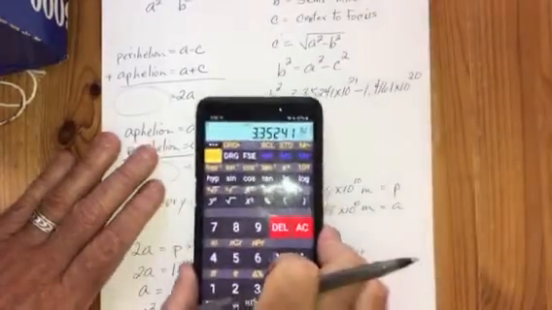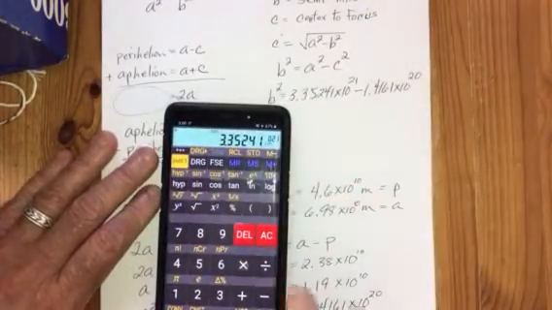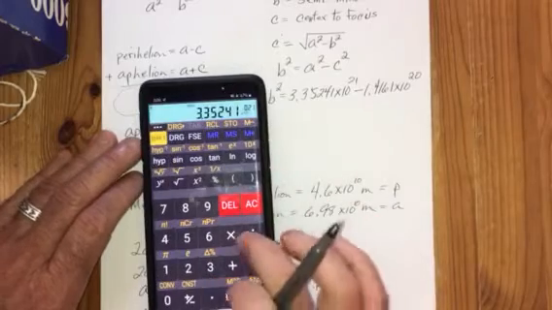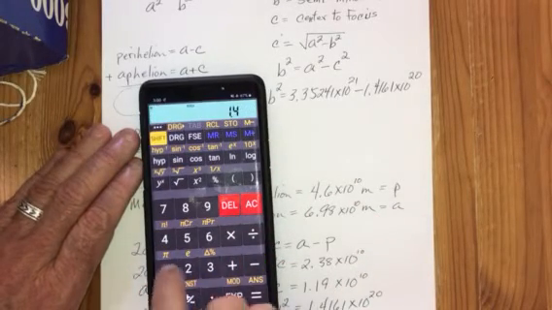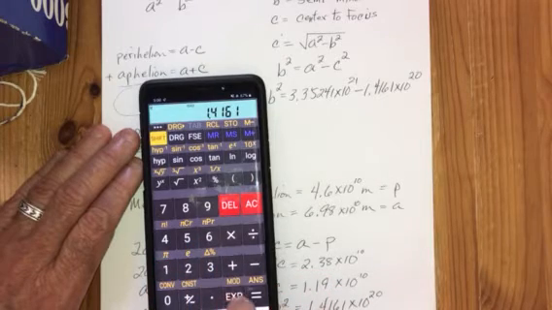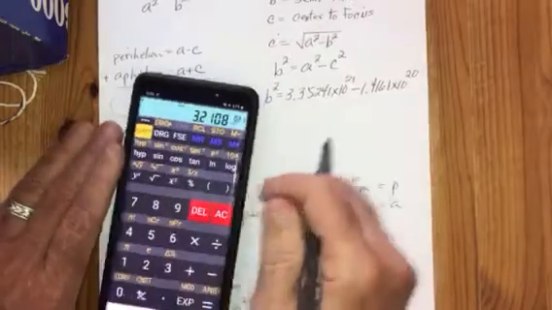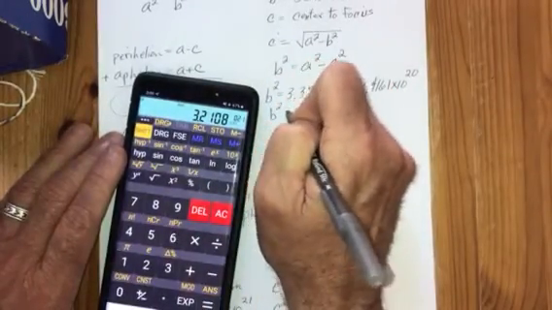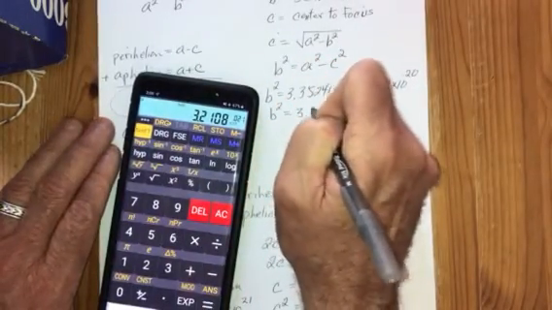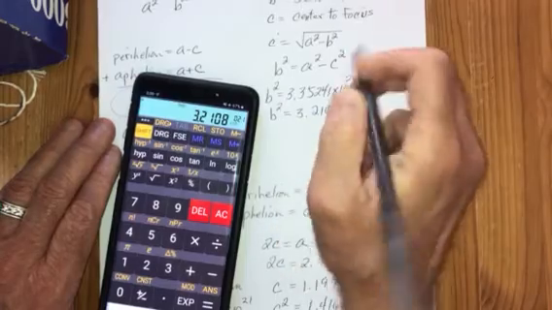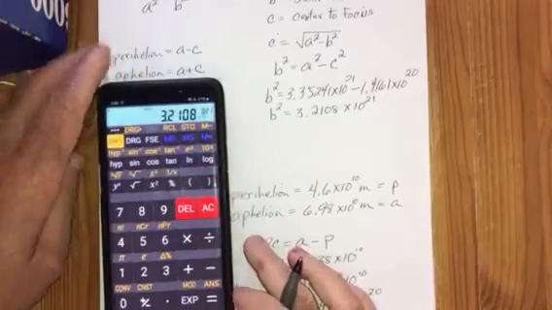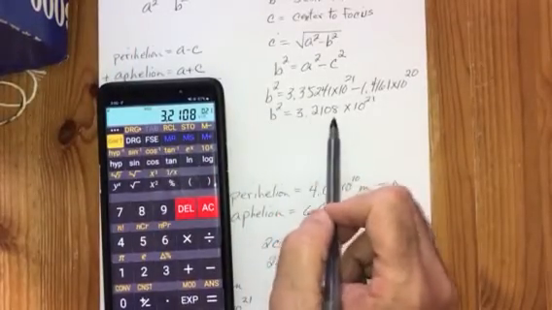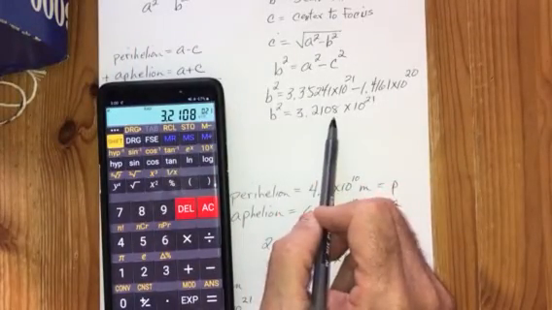Okay, so we already have that first number on our calculator, so now let's just subtract the second number. So minus 1.4161 exp 20, and that gives us b squared is equal to 3.2108 times 10 to the 21st, and that actually is what we need for our equation.